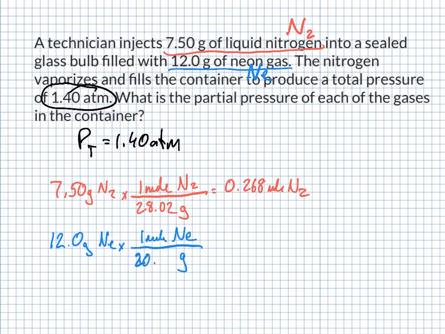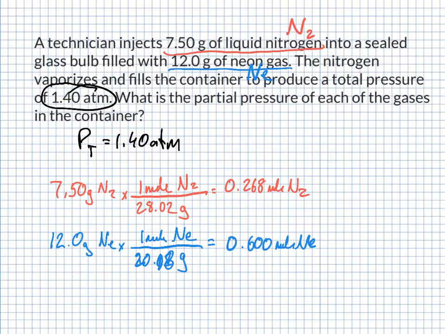I think that's right. And then once I divide those two things, again to three significant figures, moles of neon. Oops, my bad. The 20, that's 20.18.